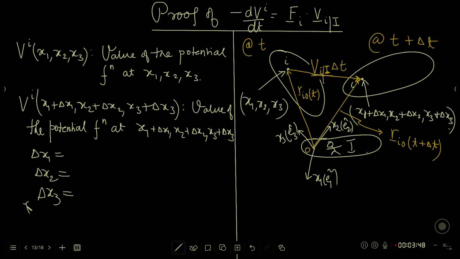O is a point fixed in I. The orientation of the same RB is shown at two different time instants. At time t, it is oriented in this way. At time t plus delta t, it changes its orientation. I mean translation and rotation combined, it just moves. RB is moving.